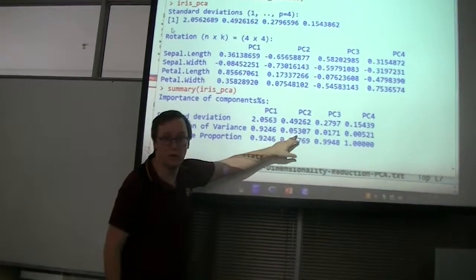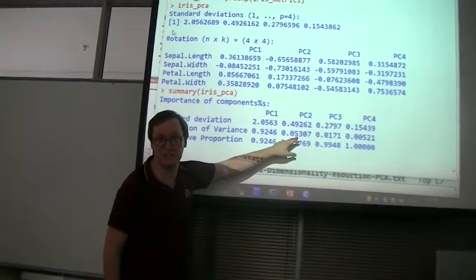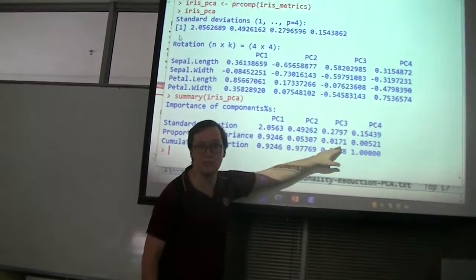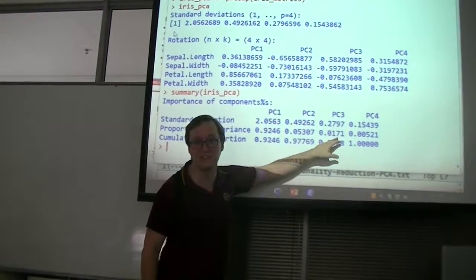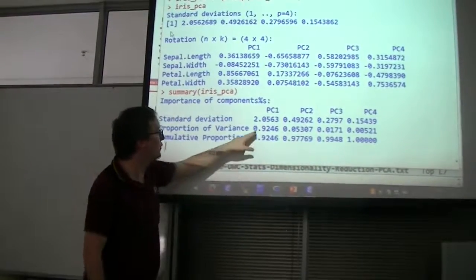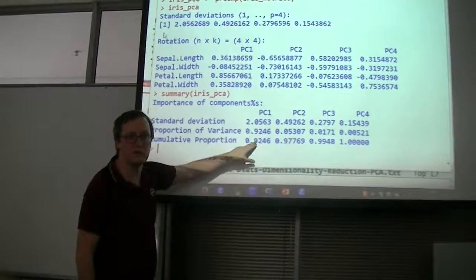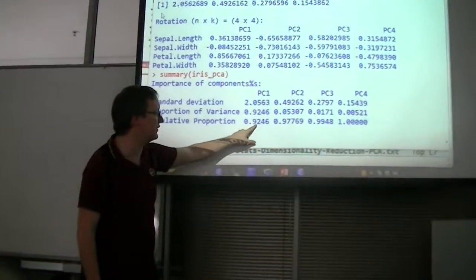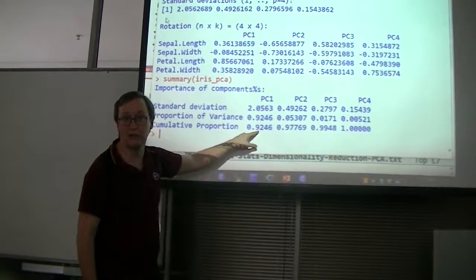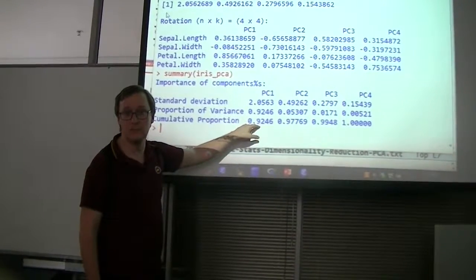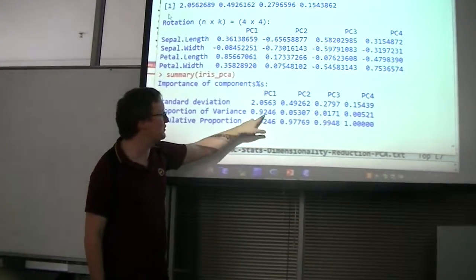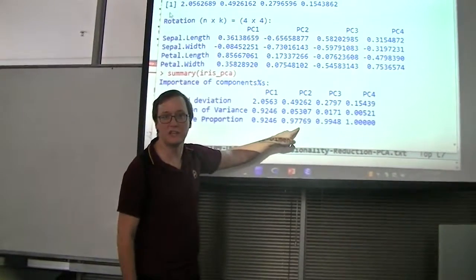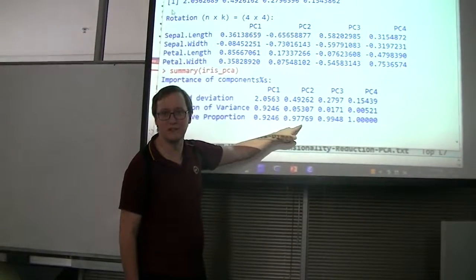The next component accounts for only 5% of all that variation. The third component accounts for less than 2%. So when we look at the bottom, we see that the values for proportion of variance and cumulative proportion of variance are identical. Everyone understand why? Because this cumulative proportion is counting only PC1 at this point. The next time we look at this value, though, it's risen.